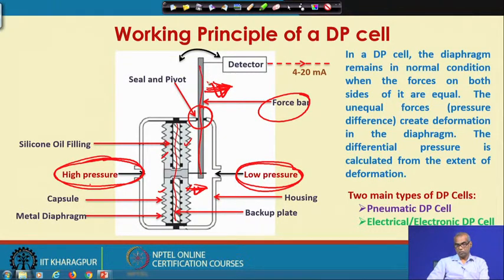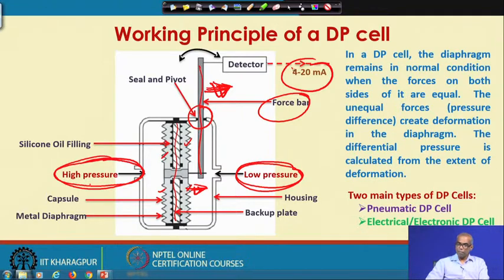So, I can measure this displacement of this force bar using a pneumatic transducer or an electrical transducer, and accordingly can get an output in the range of 4 to 20 milliampere current if I am using electrical transducer, or I can also get output in the range of 3 to 15 psi pressure if I am making use of a flapper nozzle system.